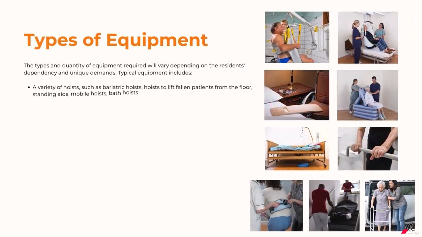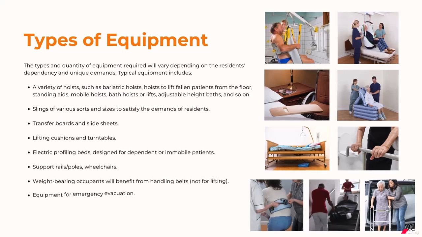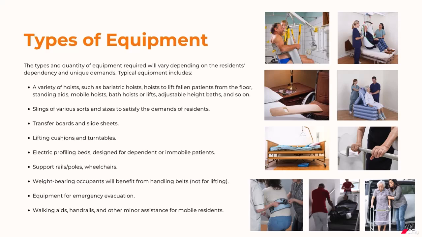Types of equipment. The types and quantity of equipment required will vary depending on the resident's dependency and unique demands. Typical equipment includes a variety of hoists, such as bariatric hoists to lift fallen patients from the floor, standing aids, mobile hoists, bath hoists or lifts, adjustable height baths, and so on.